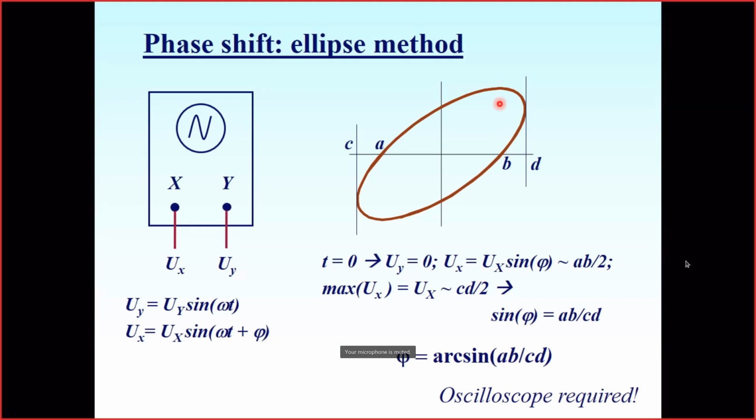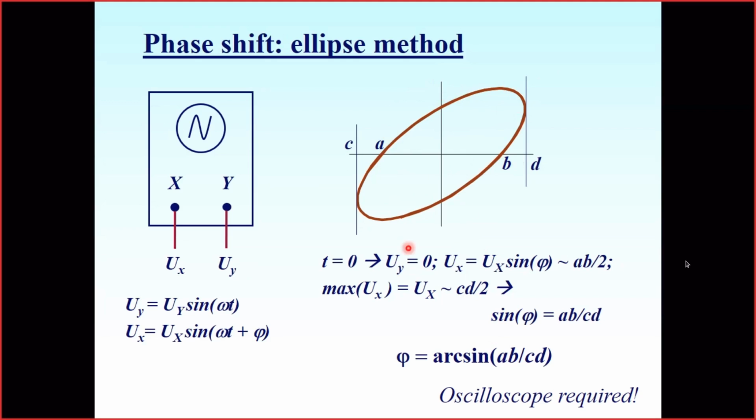And indeed, let's imagine I have just a straight line. CD will be maximal, but AB will be 0 because of this straight line. So A and B glue together, and I get sine phi equal to 0, as it should be.